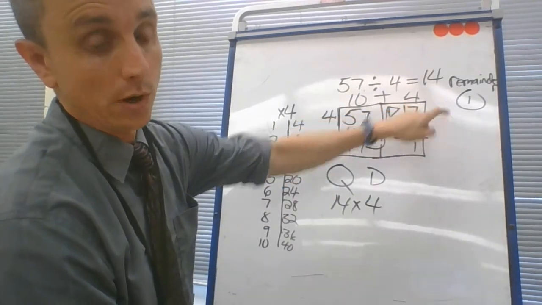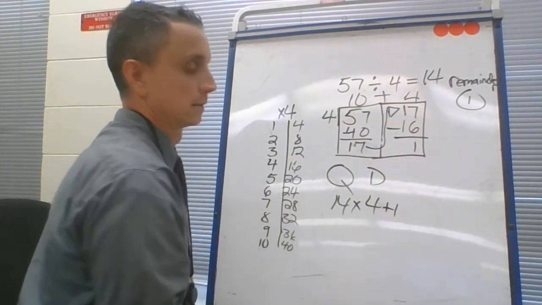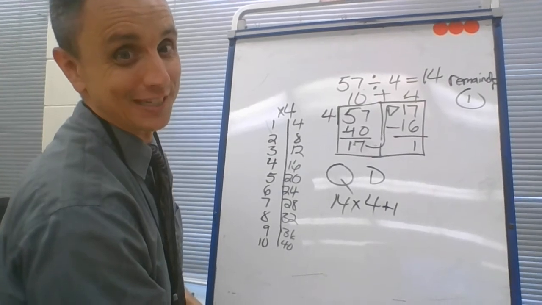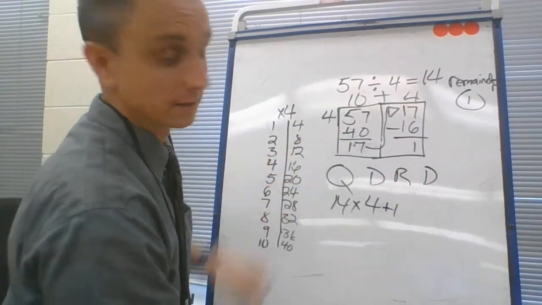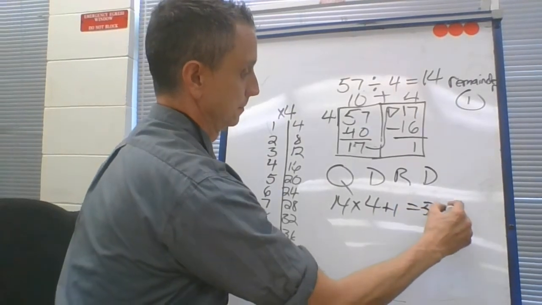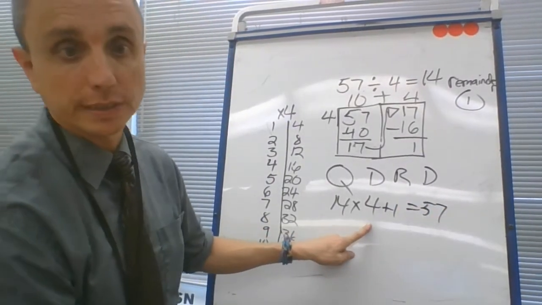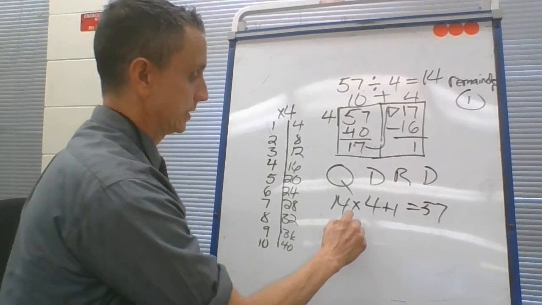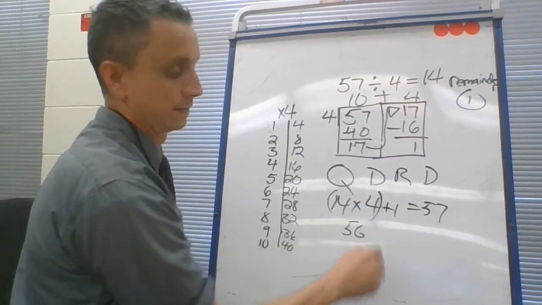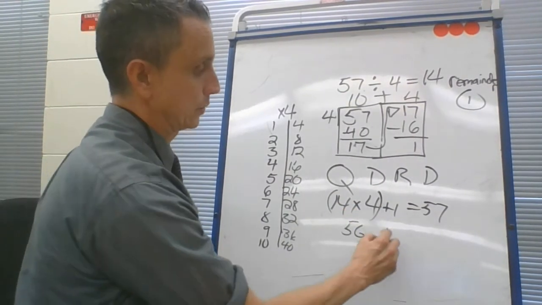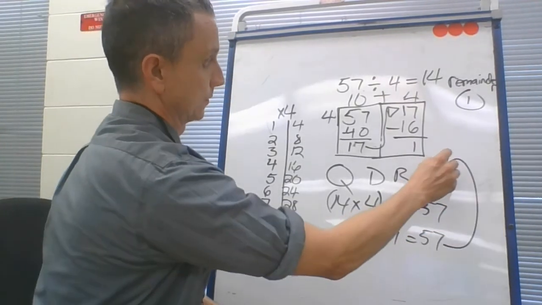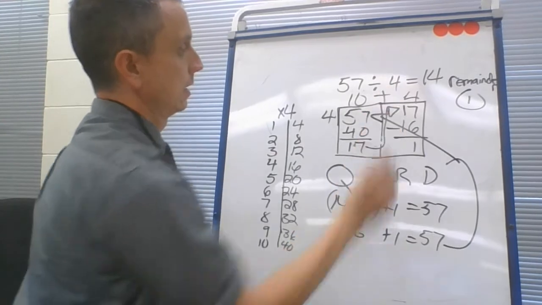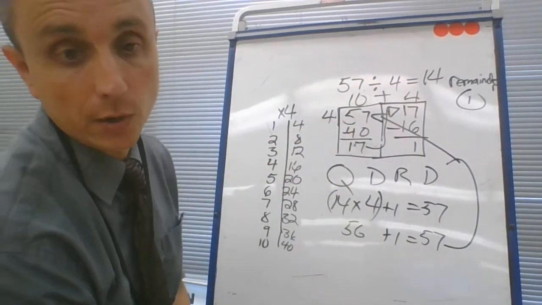Our remainder is 1. And that should all equal the dividend, which is 57. I know that 14 times 4 is 56. 56 plus 1 equals 57. 57, now I know I'm correct.